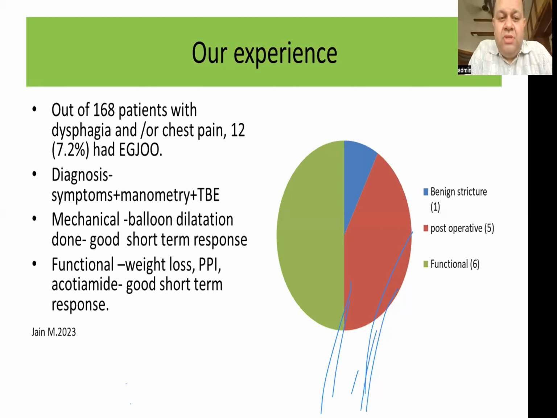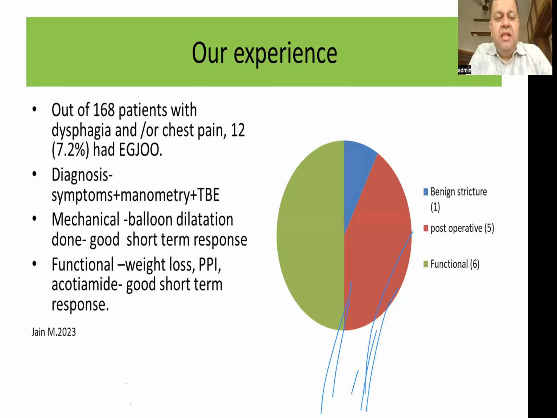Now, the diagnosis was confirmed with clinically relevant symptoms, and we did a timed barium esophagogram in all patients to find out whether their esophageal clearance was abnormal or not. The etiology of EGJ outflow obstruction in our patients was benign stricture in one patient, post-operative, mainly post-fundoplication in 5 patients, and functional or idiopathic in 6 patients.